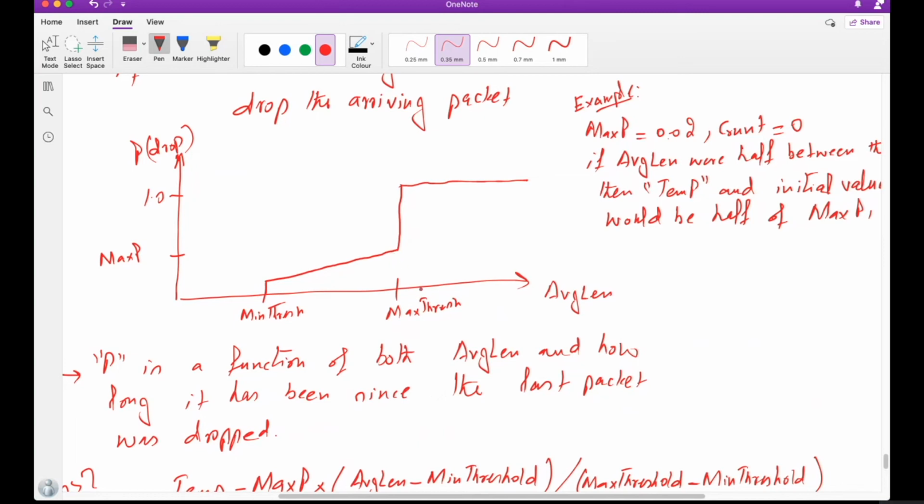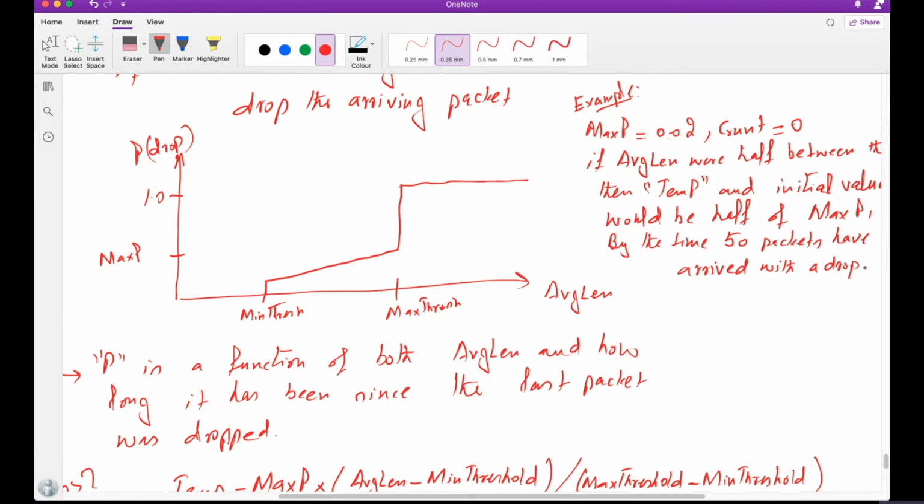Let's assume that by the time 50 packets have arrived without a drop, P would have reached 0.02.